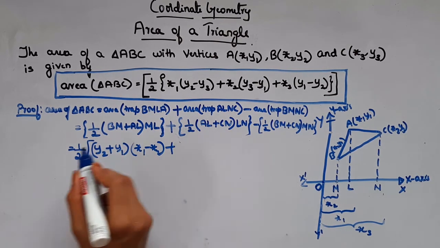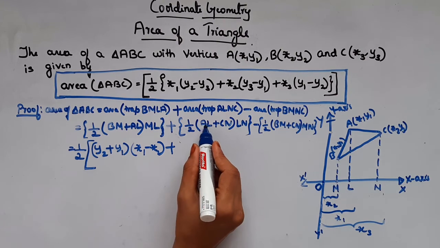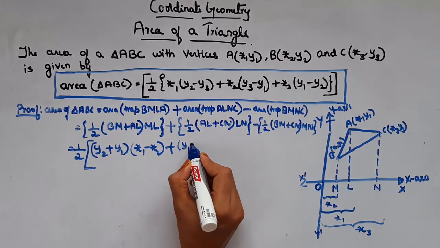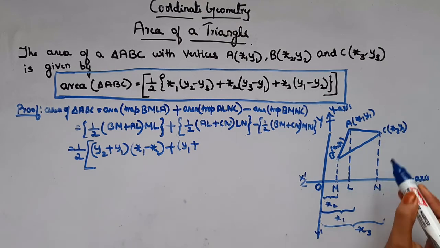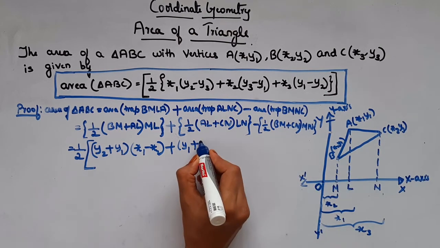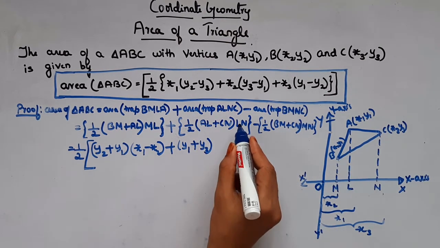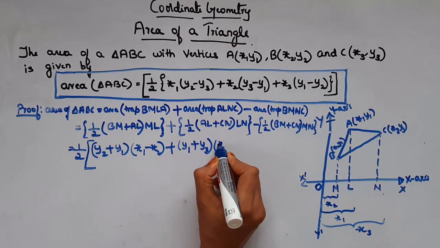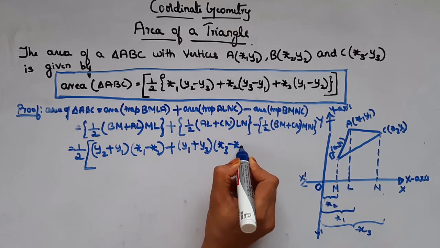plus, this half is outside. So here we have AL. AL is Y1 plus CN. CN is Y3 into LN. What is LN now? So X3 minus X1. So X3 minus X1.